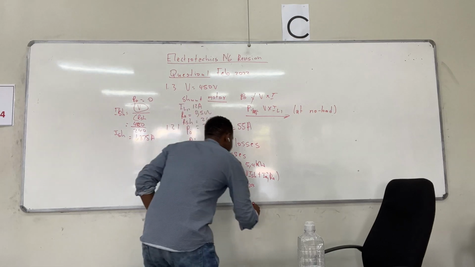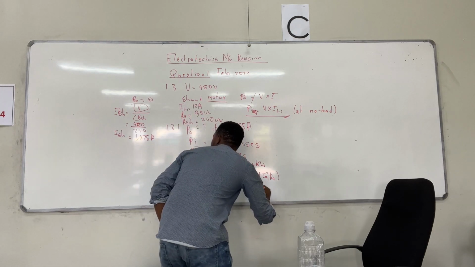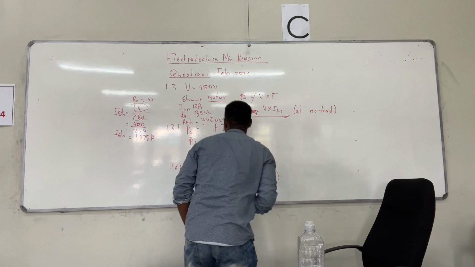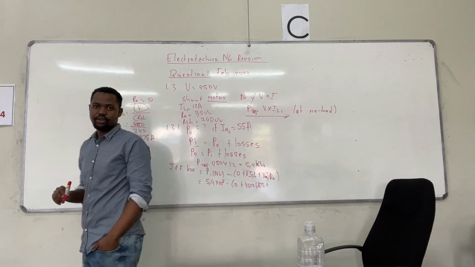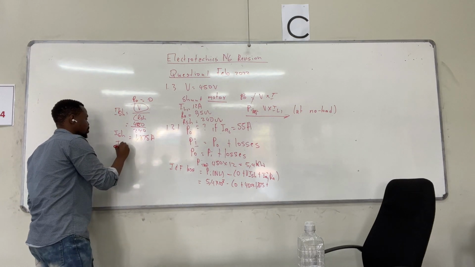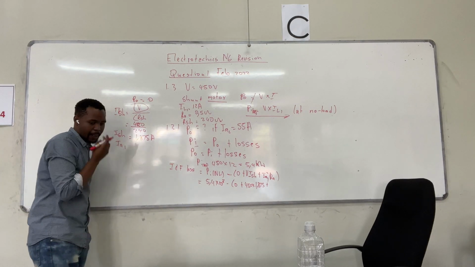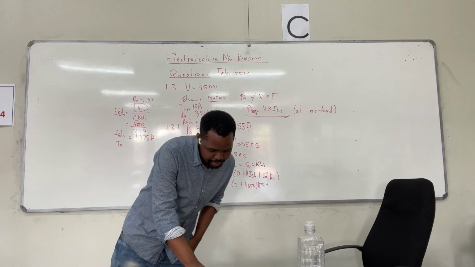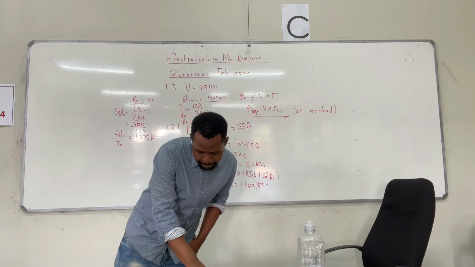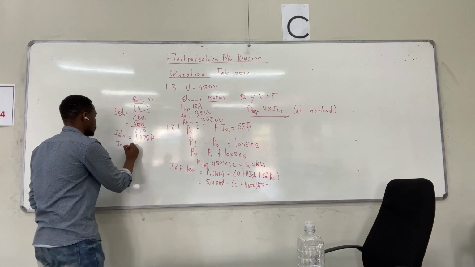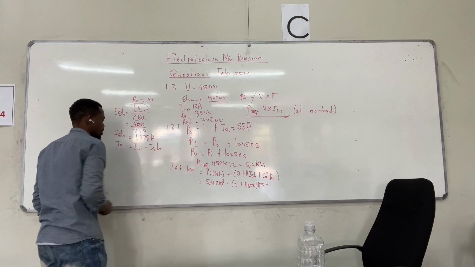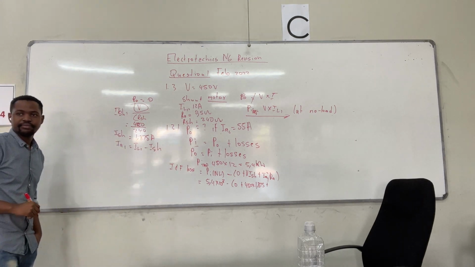Times 1.875, minus the armature copper loss at no load. The armature copper loss at no load for a motor is (IL minus I shunt) squared times RA. Make sense?